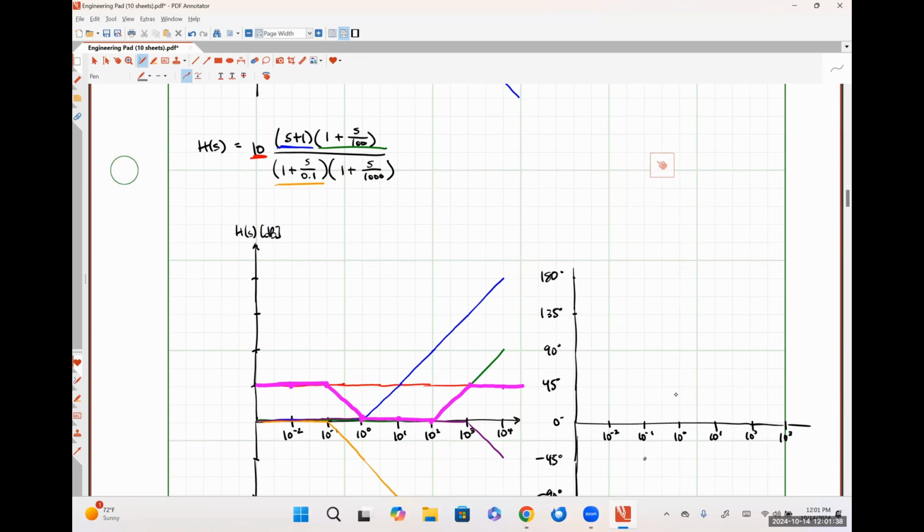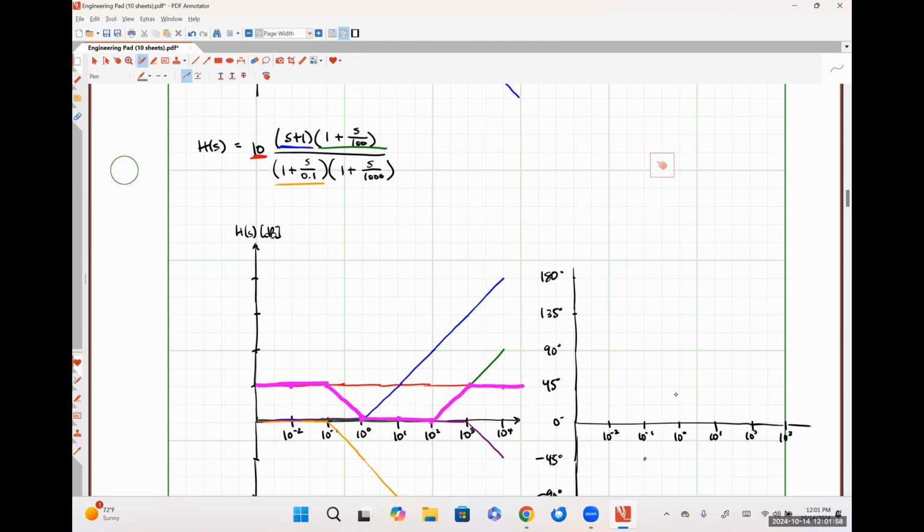Okay, so let me explain this. We could draw all of them out and add them point by point and all of that kind of stuff like we've been doing. There is nothing wrong with that, but we can infer things pretty easily here as well. So this is our lowest frequency term, okay?